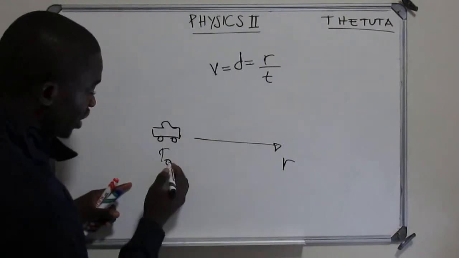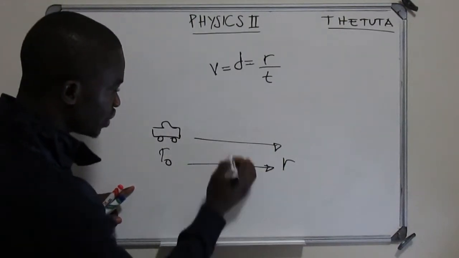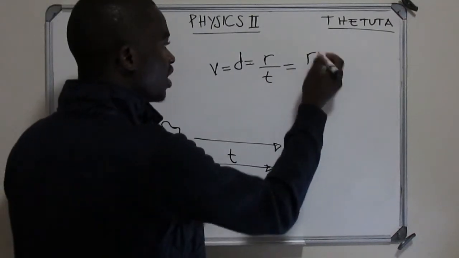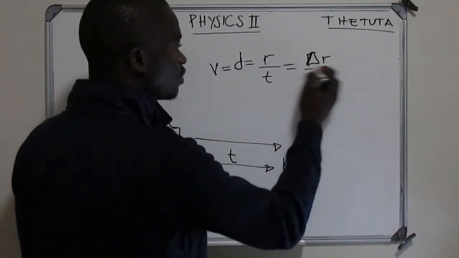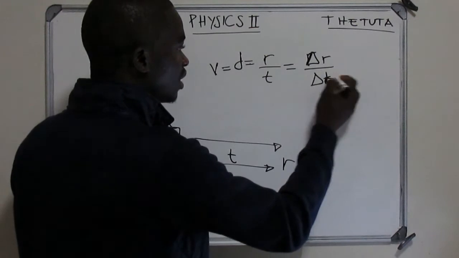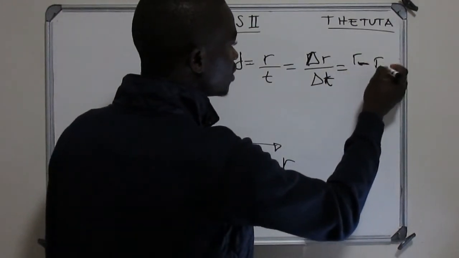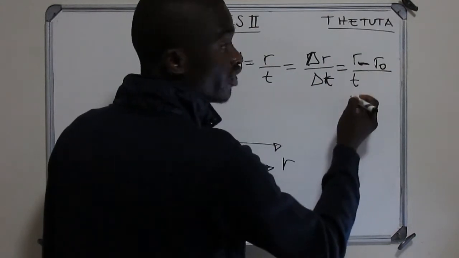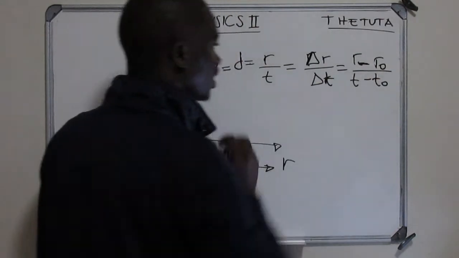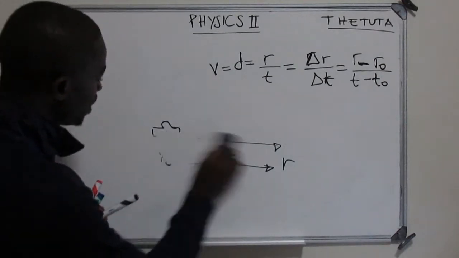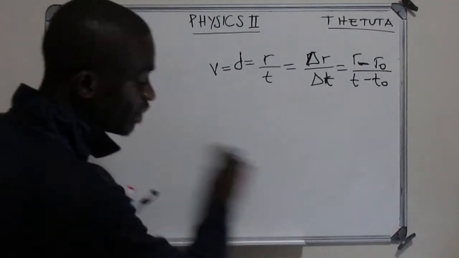For it to reach that R position, there will be a specific time that will be required. Therefore, we're going to have the change in displacement and the change in time. So it's going to be the final minus the initial, and as well the final time minus the initial time. So this is the displacement. But how do we represent the speeds when we are dealing with them in the 2D dimension?